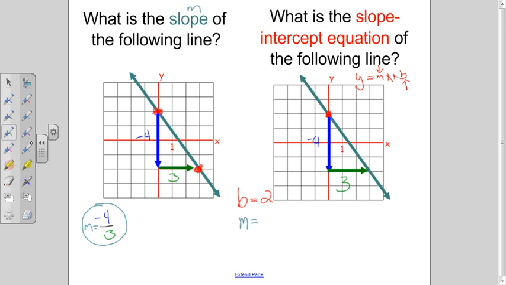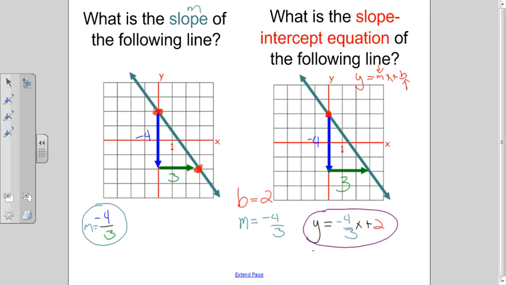Okay, so this gives me a slope of -4 thirds, but the answer again is the slope-intercept form, which is y equals mx plus b. So I will write y equals -4 thirds times x plus 2. Okay, so this answer is the equation of the line.